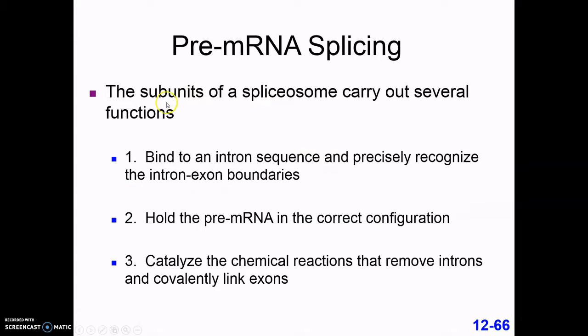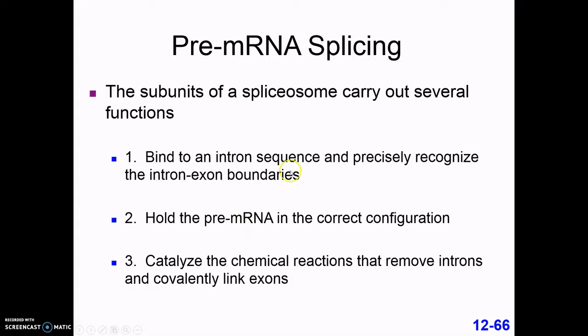Now, these subunits of the spliceosome carry out several functions. They bind to the intron sequence and recognize where the intron and exon boundaries are, hold the pre-messenger RNA in the proper configuration, and carry out the catalysis.